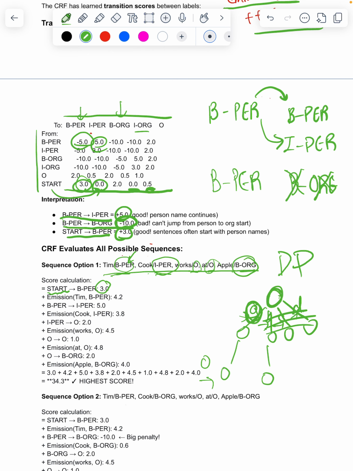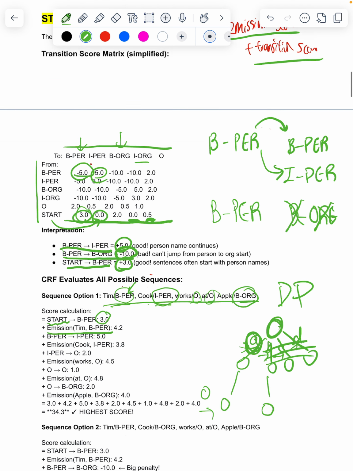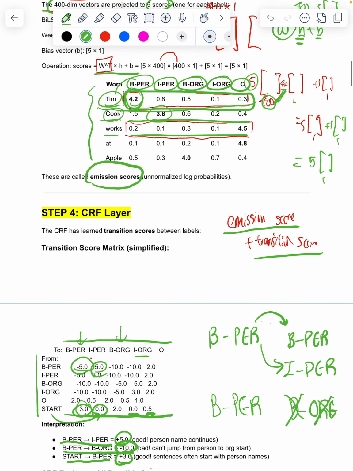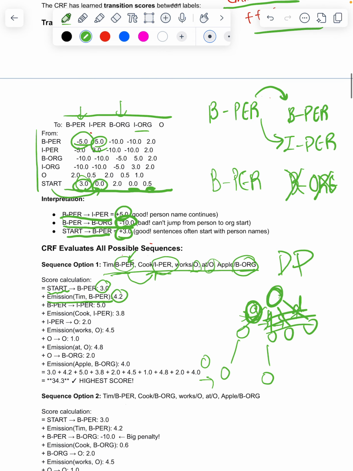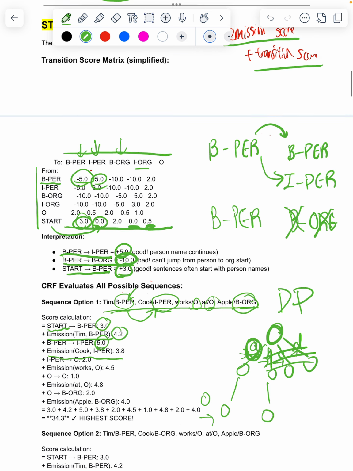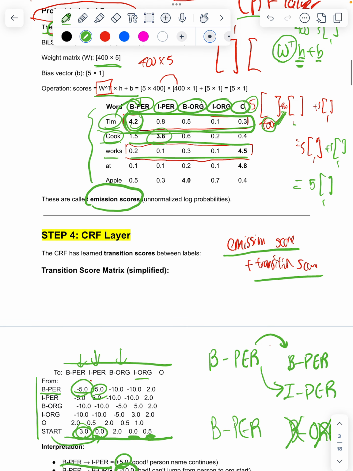This is correct. For emission, Tim to B-PER is 4.2. The next step would be B-PER to I-PER, the transition score. What's the score from B-PER to I-PER? That's 5.0. And then the emission score for Cook to I-PER would be 3.8.